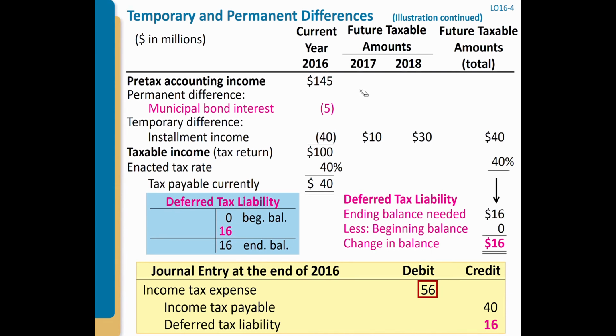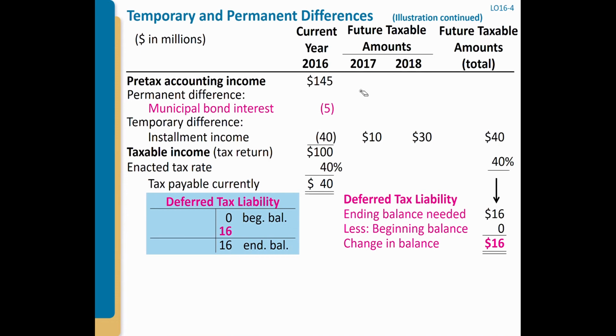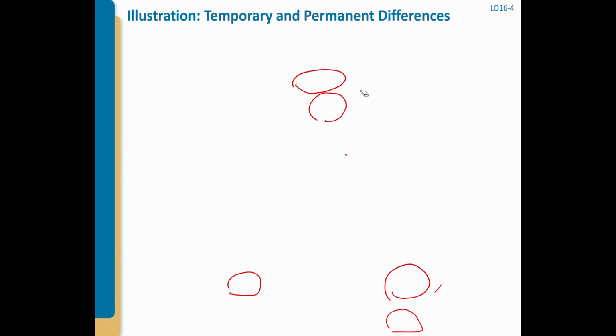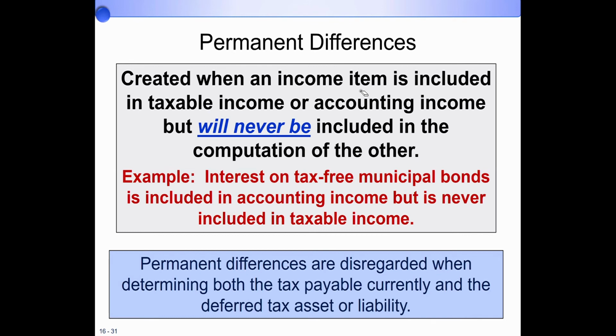Looks good. Yeah, that's what we talk about with permanent differences. Permanent differences are permanent. Interest on a tax-free municipal bond will be tax-free forever. They're permanent differences, not like temporary ones, where there's an initial difference and then it reverses in the future.